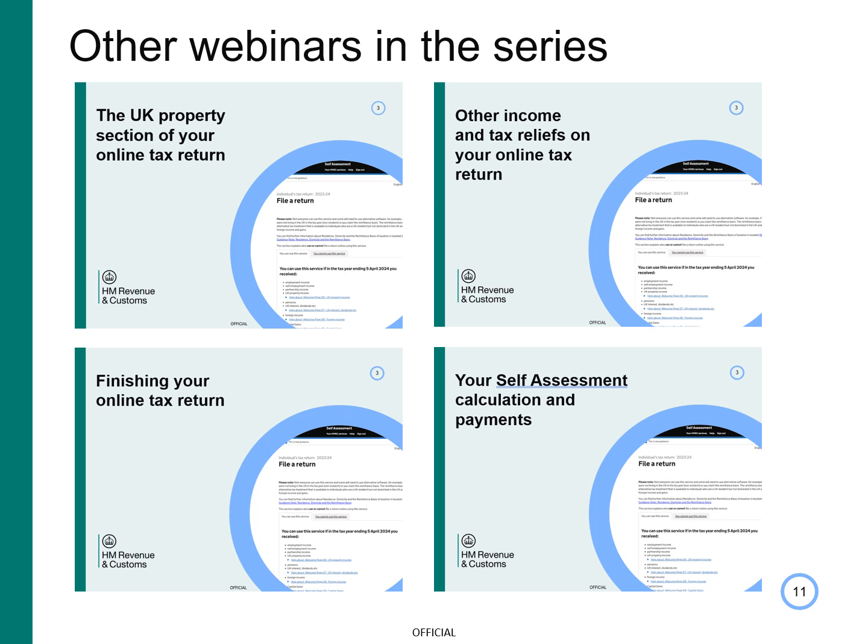The UK Property section of your online tax return, other income and tax reliefs on your online tax return, finishing your online tax return, and your self-assessment calculation and payments. You can join these live webinars where you can ask questions or watch a recording of the webinar, which you'll find on our help and support pages after it's been delivered live.